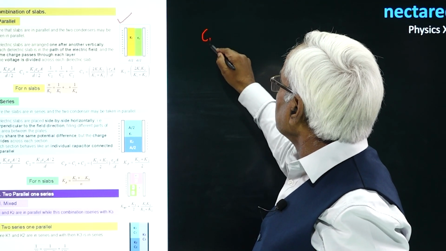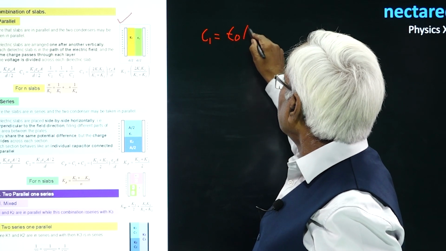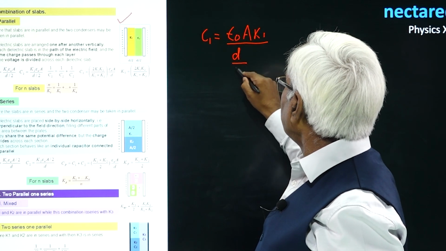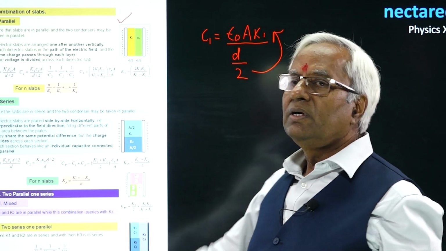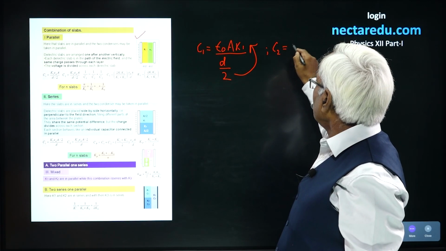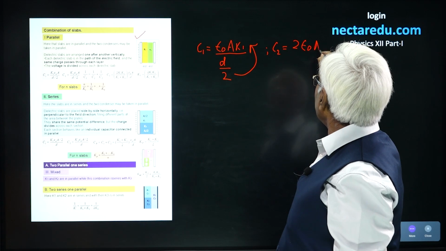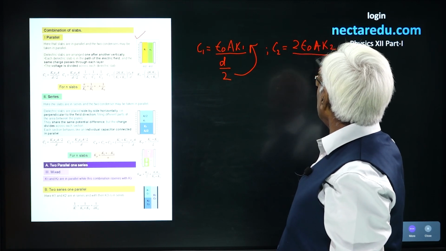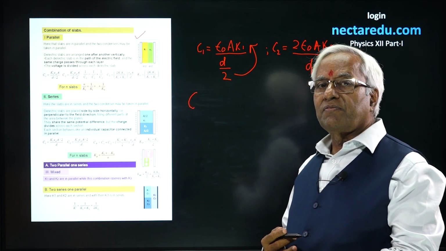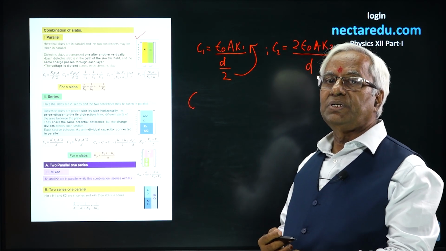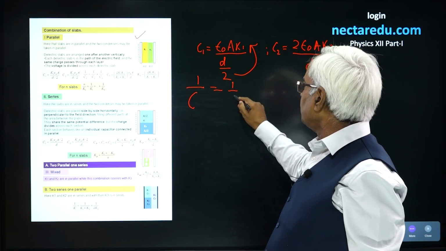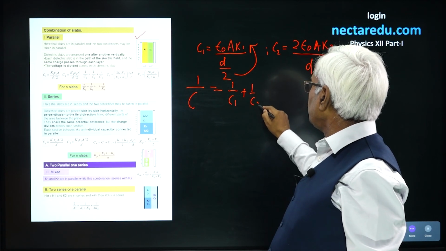The two condensers will have the capacity 2 epsilon naught A K1 upon D. The 2 will go over to the numerator. Similarly, C2 will be 2 epsilon naught A K2 upon D. The combination of condensers shall be taken as a series combination, and for that 1 by C equals 1 by C1 plus 1 by C2.